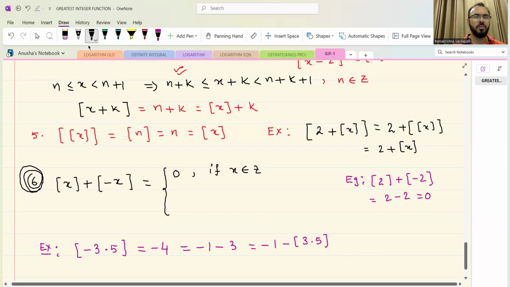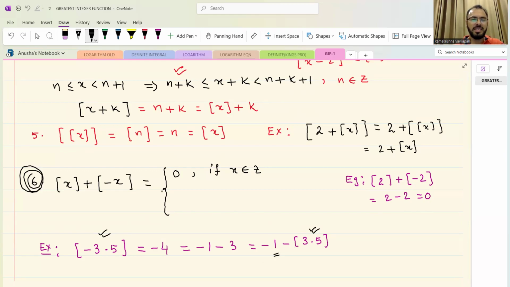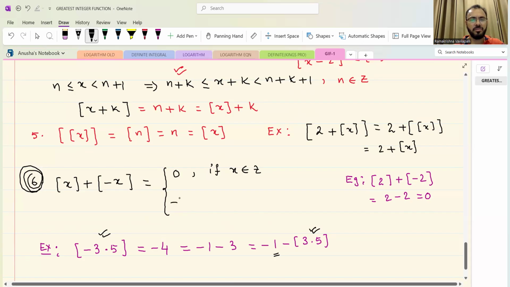Here I wrote with the negative, minus 3.5, and here without the negative, 3.5, but the extra thing is minus 1. So this is minus 1 minus the integral part of x. This is true if x is not an integer.